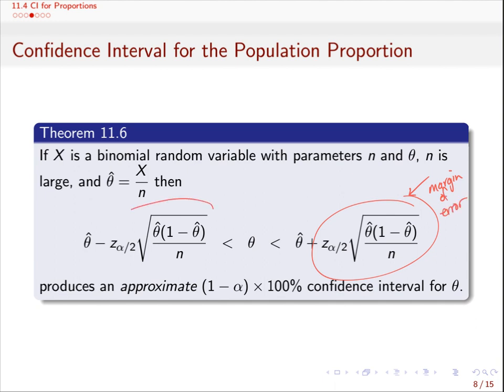And we add and subtract this margin of error from our estimator to generate a confidence interval for our population parameter. And if we do so, this produces an approximate 1 minus alpha times 100% confidence interval for theta.